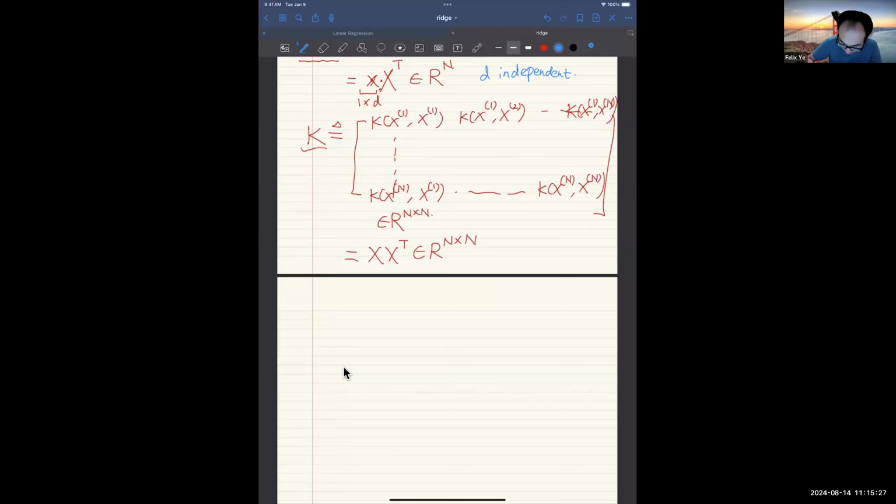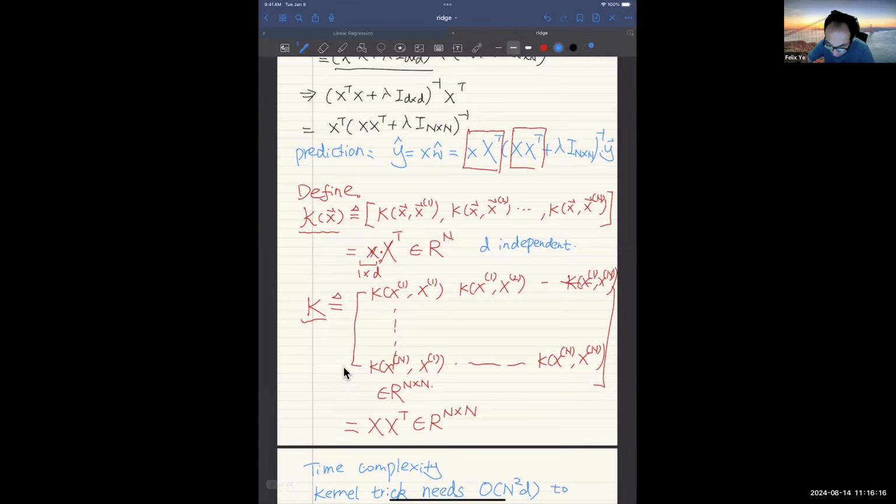For the time complexity, the kernel trick needs on the order of n squared times d to calculate the K. It's kind of tricky here because I don't want to call this d.